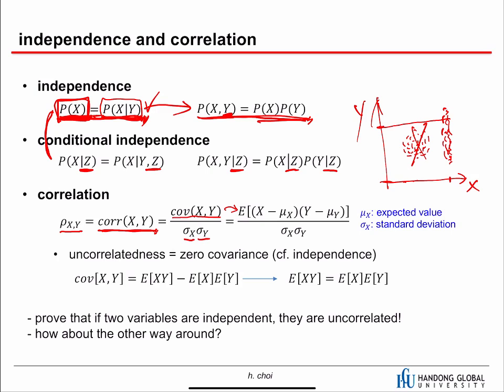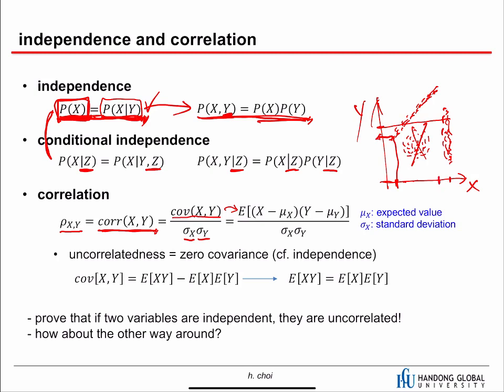But if the samples look like this, then we have a strong correlation between x and y. What does that mean? If we know the value of x, let's say x is around here, then we can say pretty much about y.